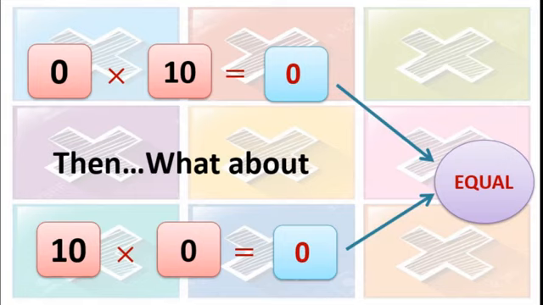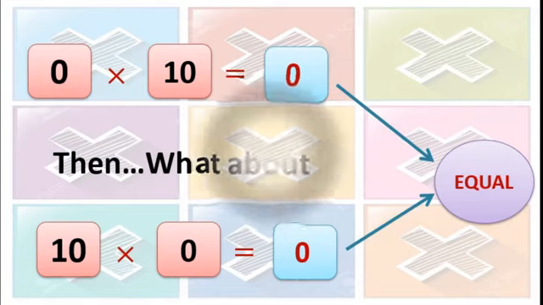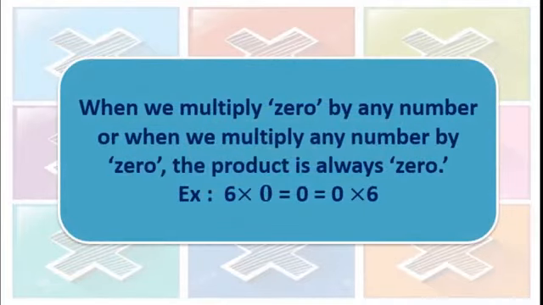Remember this, okay? When we multiply 0 by any number, or when we multiply any number by 0, the product is always 0. Okay?